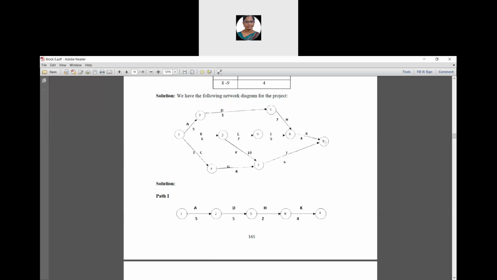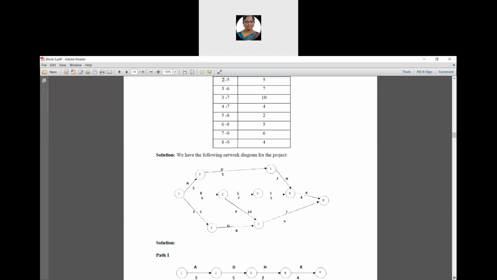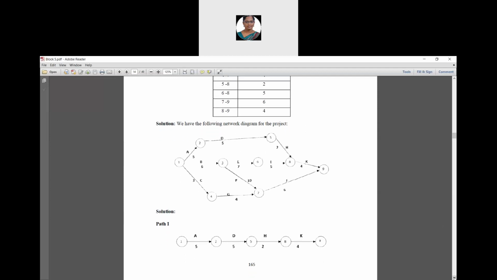Then another possible way is 1 to 4, 4 to 7, 7 to 9. So these are all the possible ways to complete a project.